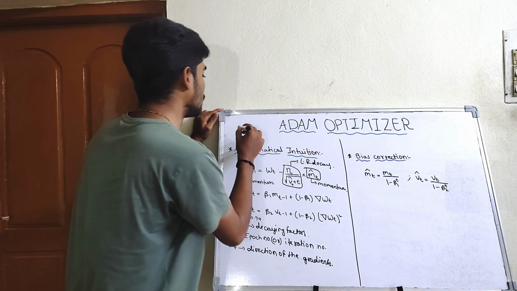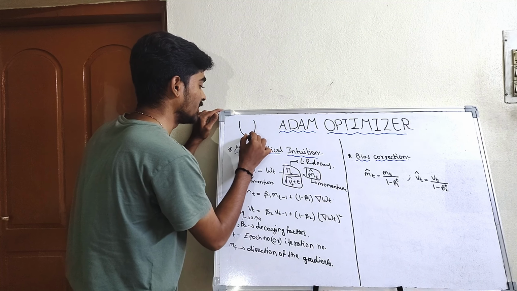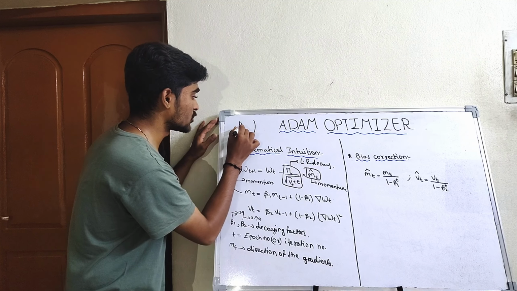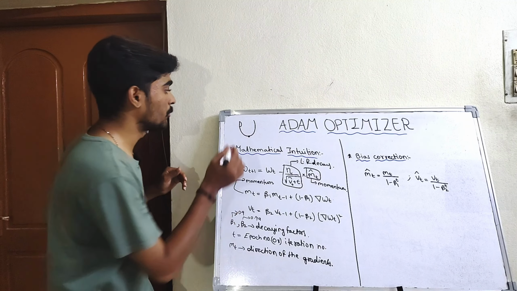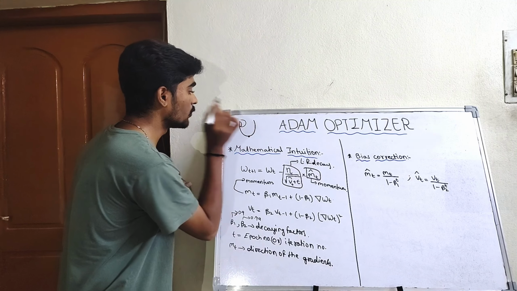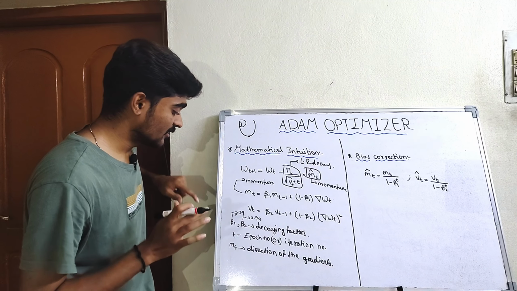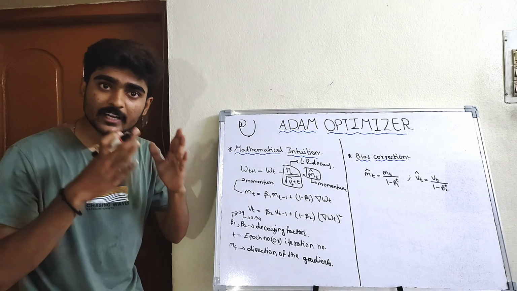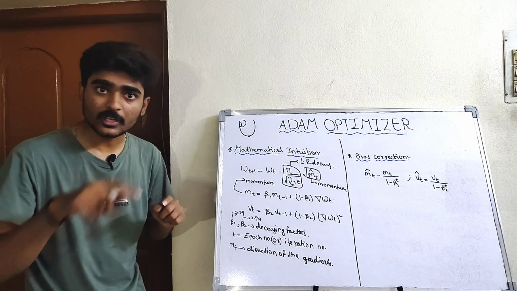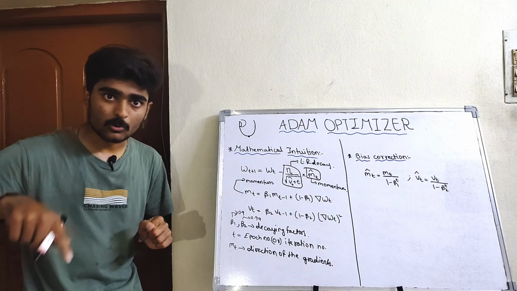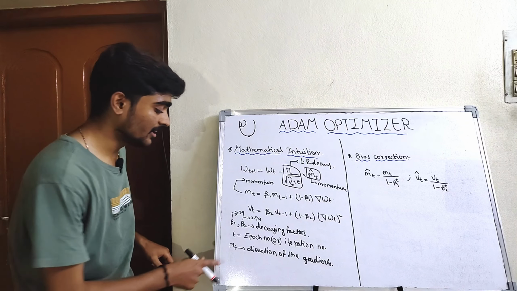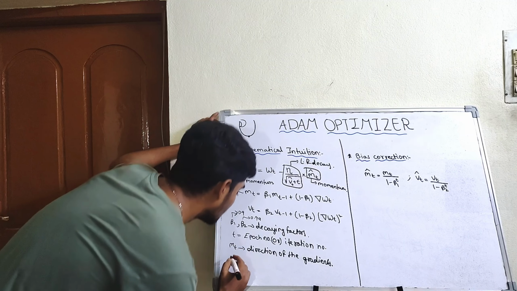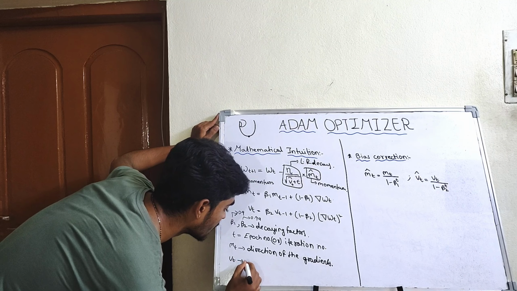If we assume this as our graph and this as our global minima point, this direction, whether it must move towards the global minima point or opposite to it, is represented by this mt. This mt is responsible for the entire direction of our optimizer. In which direction we must update the weight is taken care of by the mt term.